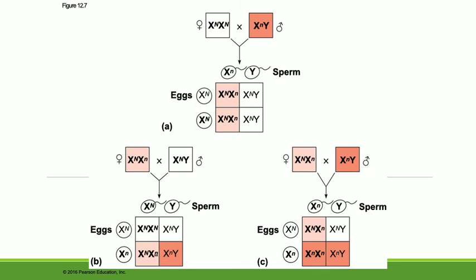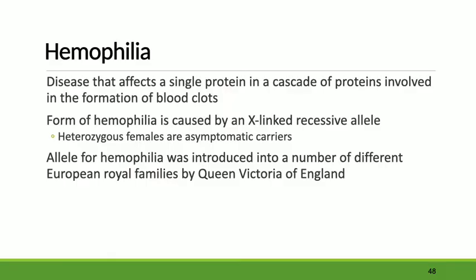unlikely to reproduce. So hemophilia is called a royal disease because it seems like Queen Victoria of England had one allele for hemophilia. So that means she was heterozygous for hemophilia, which is a trait found on the X chromosome.